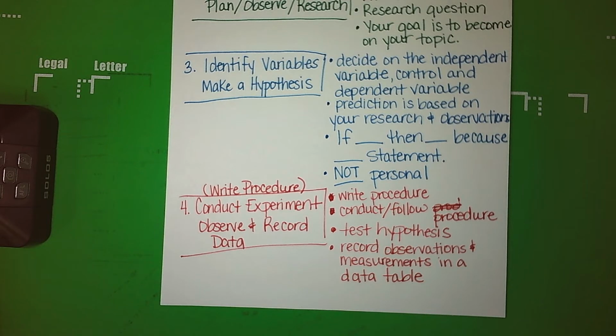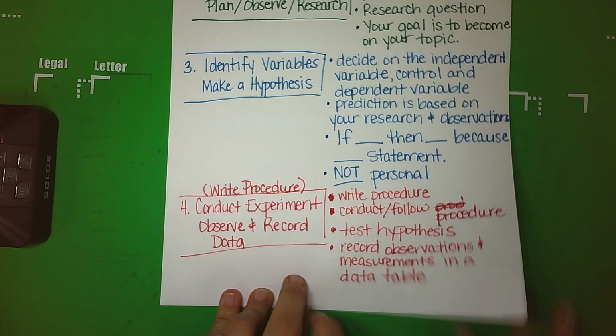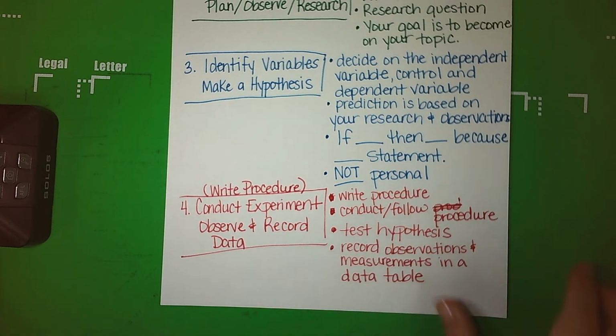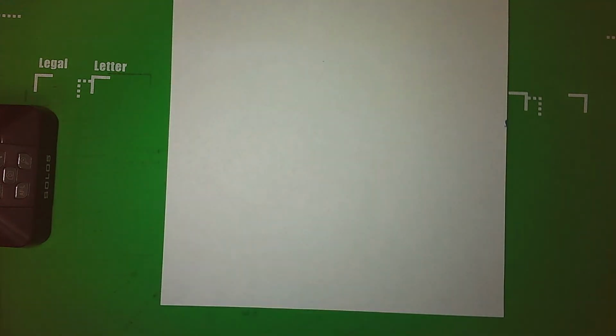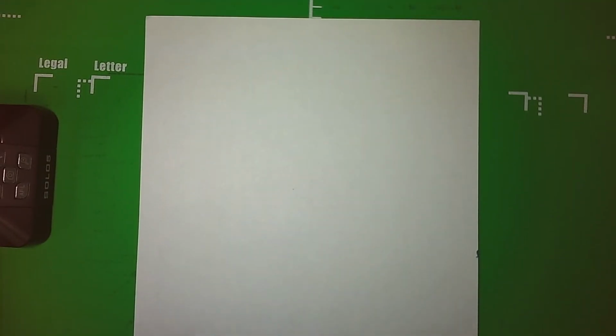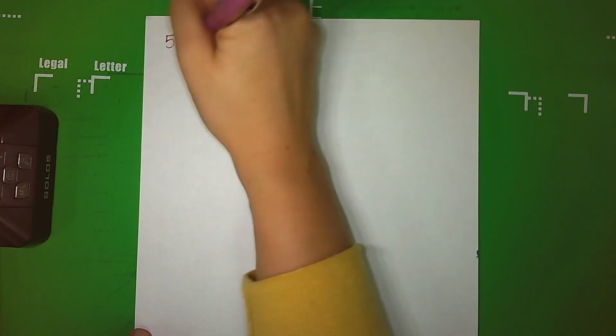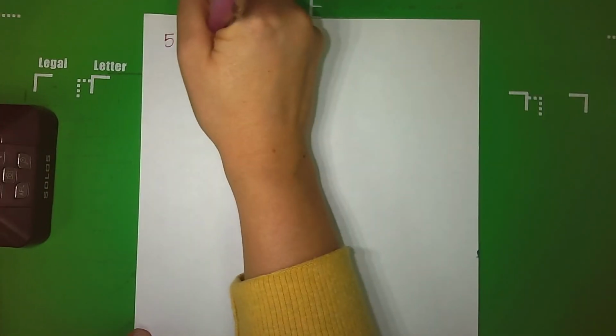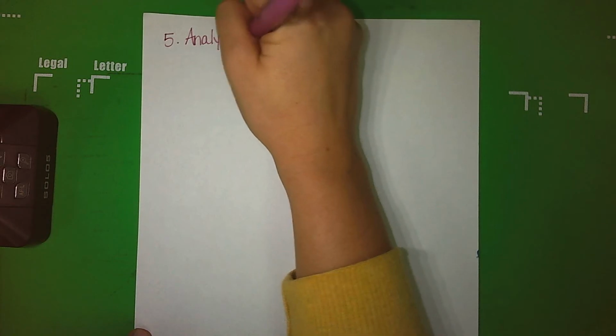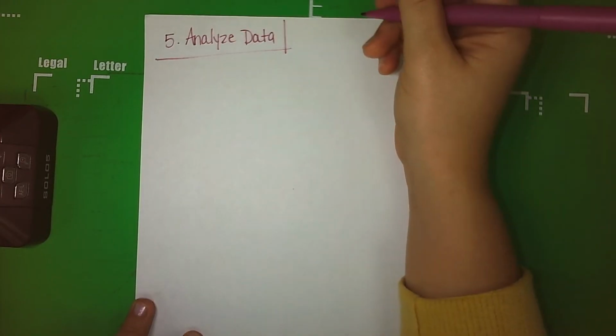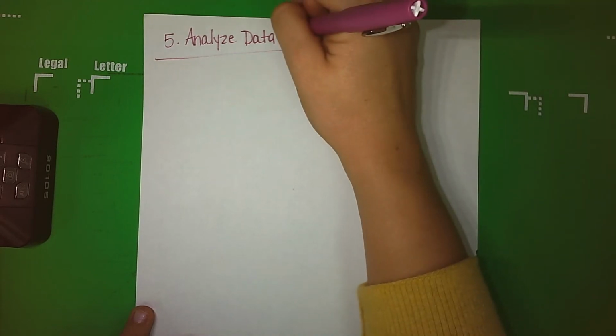Alright, so after we conduct our experiment, we've collected our data, okay, we are then, step 5, okay, the next step is going to be to analyze our data. Okay, we're going to analyze our data.